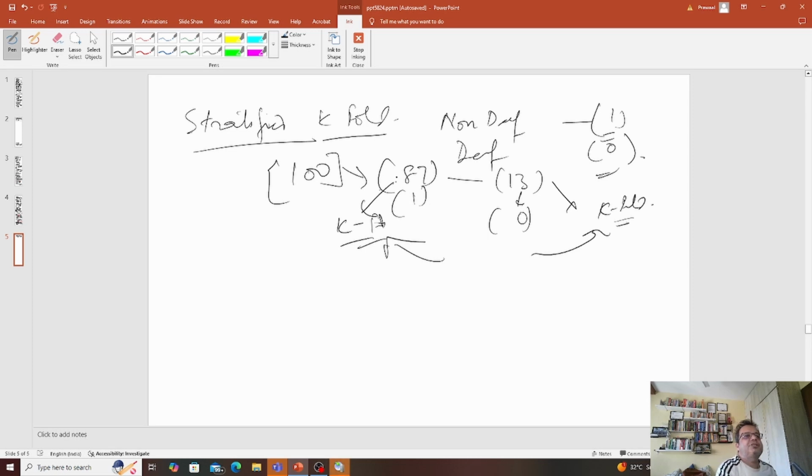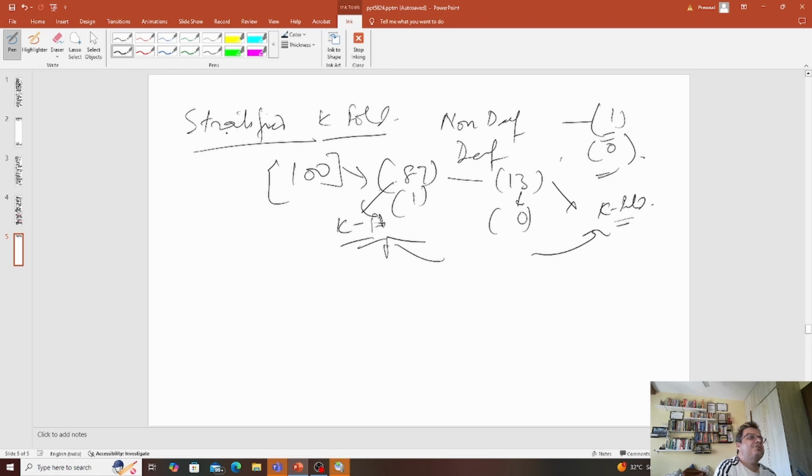Otherwise, if we put them together and make some kind of fold, there will be scenarios when you may not have even a single item from here, and your model will become more overfit in terms of non-defaulters.